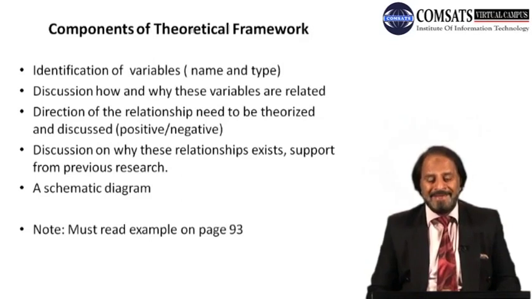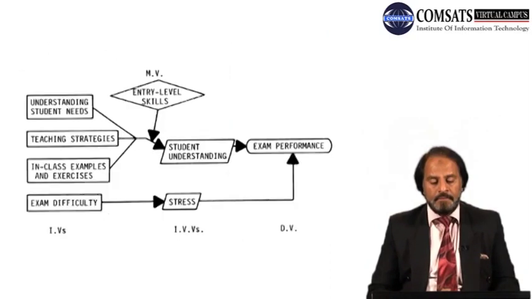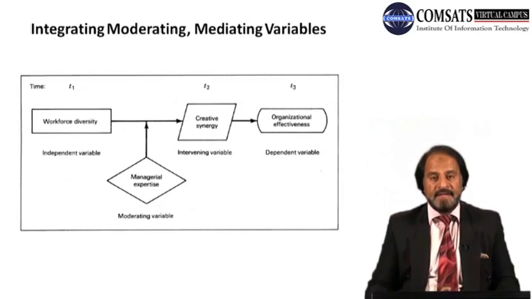We also need to explain the direction: is it a positive one or a negative one? So the reader is able to know your point of view. In this particular example, workforce diversity is converted into synergy, and we're saying the more the workforce diversity, the higher the creative synergy.